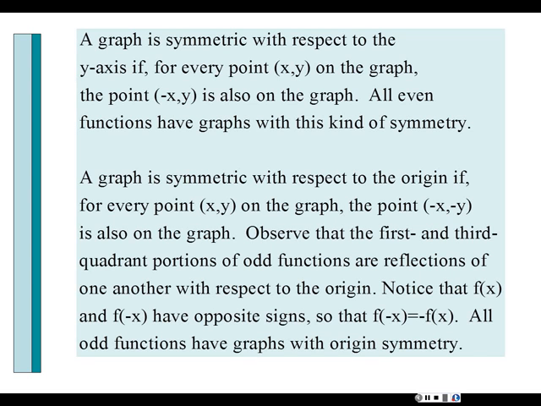You see what I'm saying? So this is basically symmetric with respect to the origin. At the same time, this is an odd function. And this is symmetric with respect to the y-axis, and this is an even function.